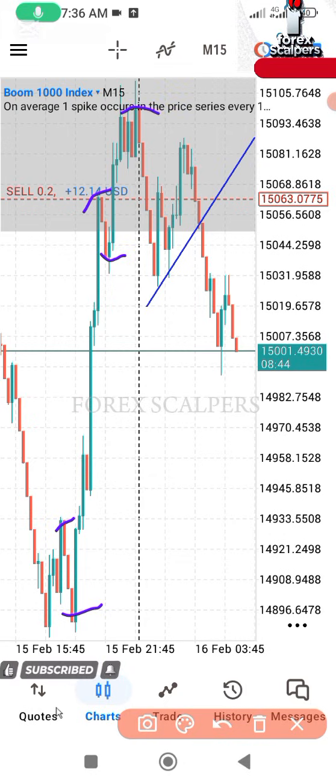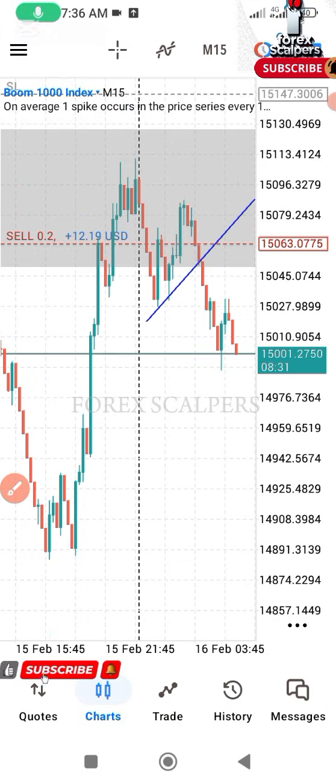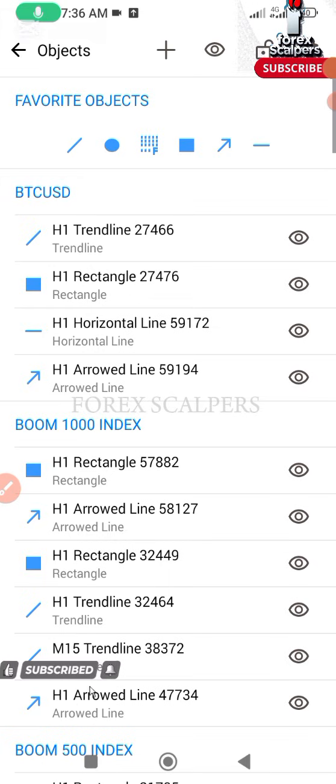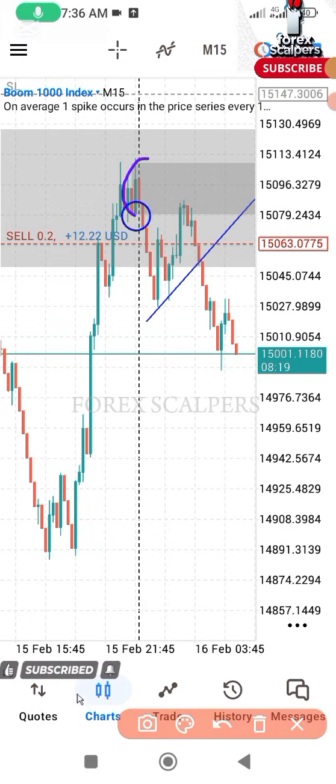So what happened? You see that price dropped here and price broke structure. So here is a break of structure. Then on my 15-minute time frame, I marked another institutional candle that took away liquidity. That was the institutional candle of the 15-minute time frame.